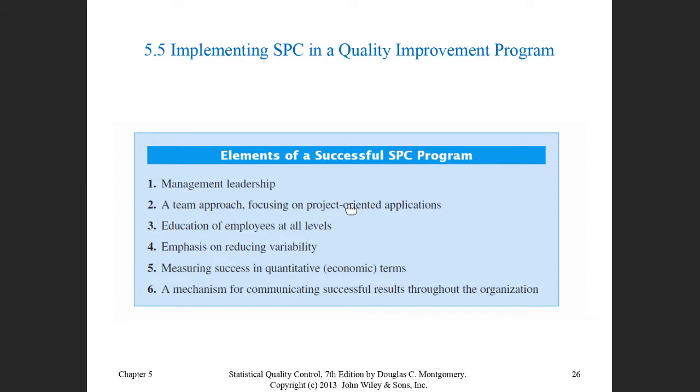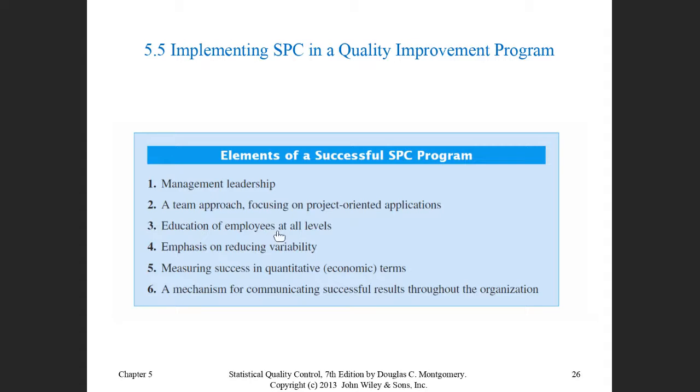And it is project focused. That means the scope is very narrow, and this is what is unique about SPC compared to quality management's philosophy that is organization oriented. Here it is a project fixing problem by problem in the organization.